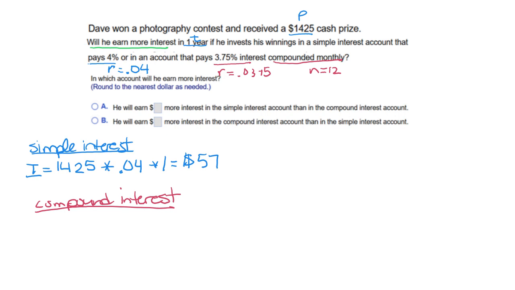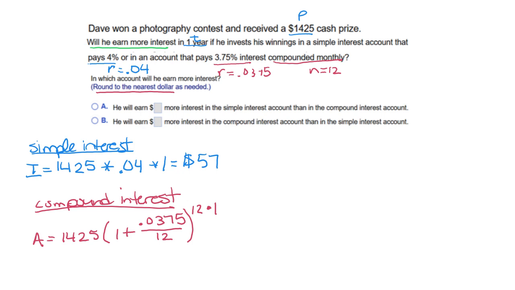For this one, we'll have a future value, $1,425 times 1 plus the interest rate, 0.0375, 375 ten-thousandths, divided by 12 for compounding monthly, raised to n, which is 12, times time. And time, again, was just 1 year. And if you take a look on here, it does say round to the nearest dollar for these.